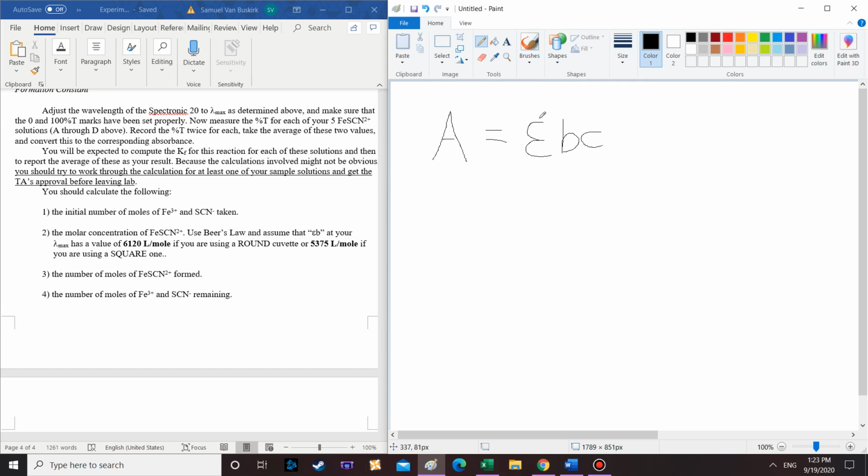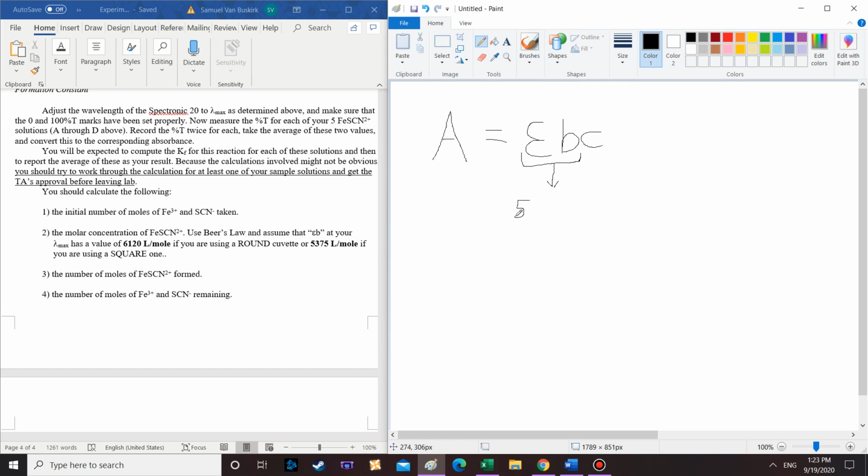Epsilon is molar absorptivity, which changes depending on what substance you're using, and B is the length of the cuvette or whatever test tube you're using. In this case, they're giving this to us, and usually it will be given to you. You used a square cuvette, so this constant is going to equal 5,375 liters per mole.